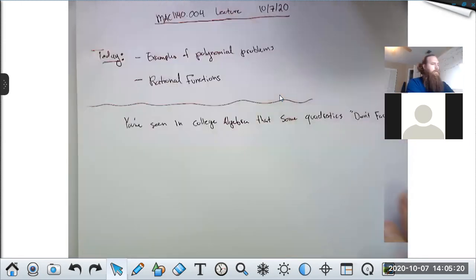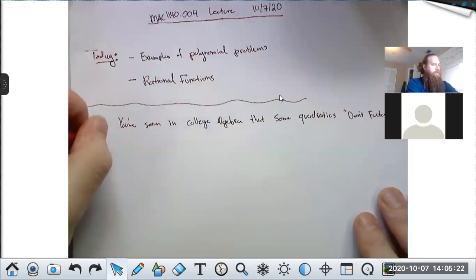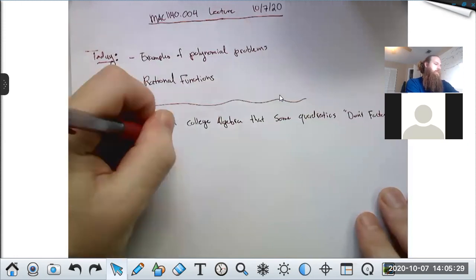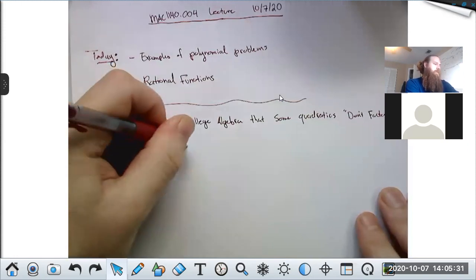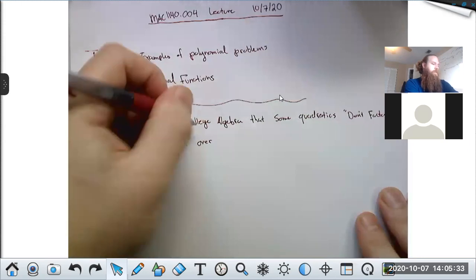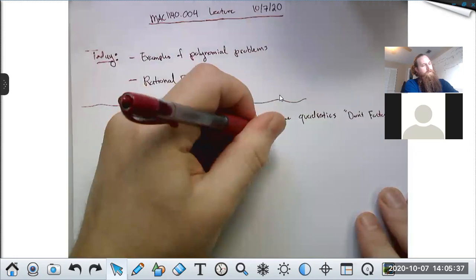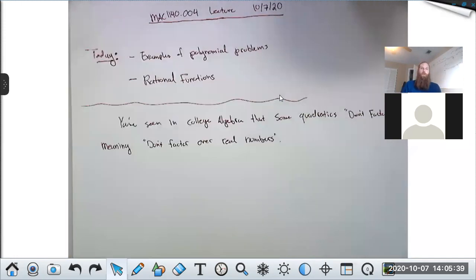And by that I mean they don't factor over the real numbers. These are the quadratics that, when you set them equal to 0, don't have any solutions, or the solutions are not real numbers.